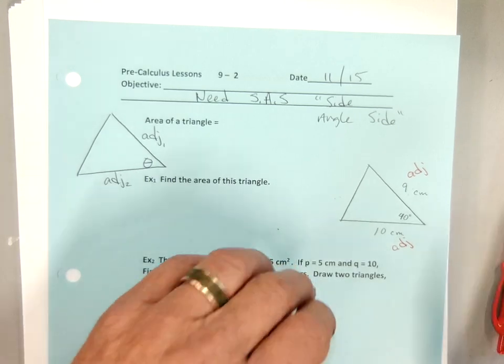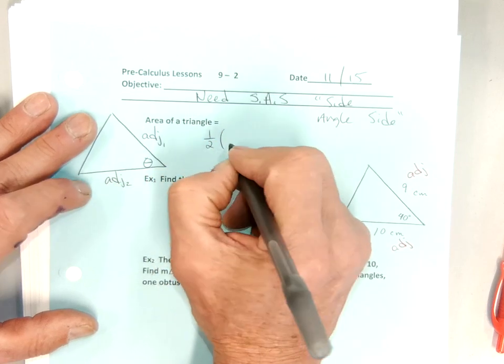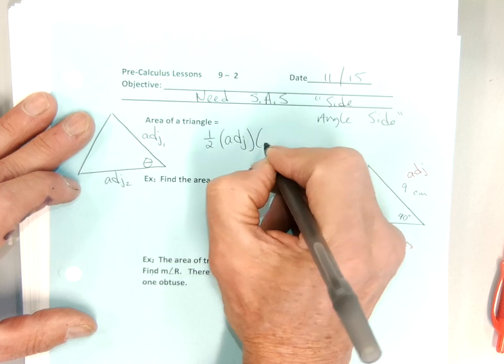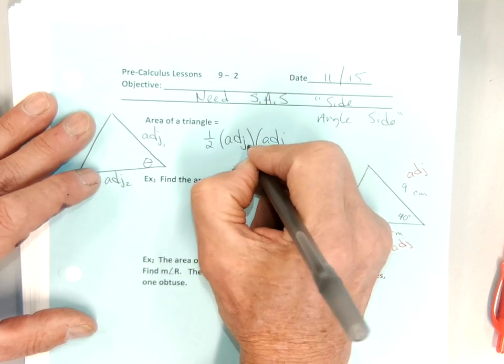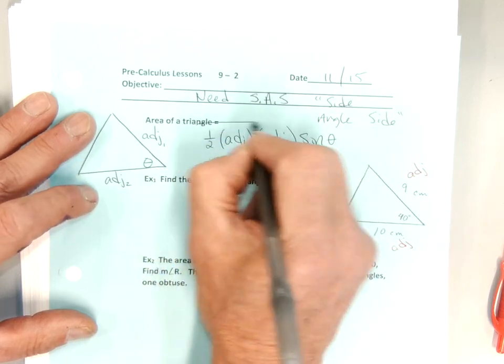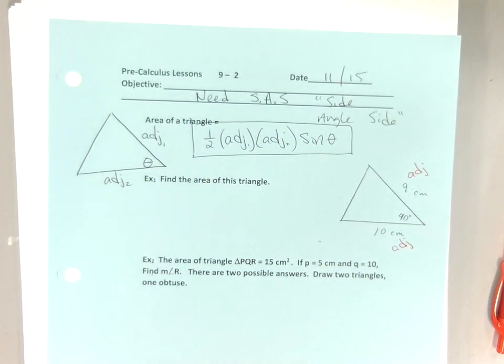So the formula is this. 1/2 the adjacent side times the other adjacent side times the sine of the angle. That's it. It's a really easy formula for the area of a triangle. Okay?